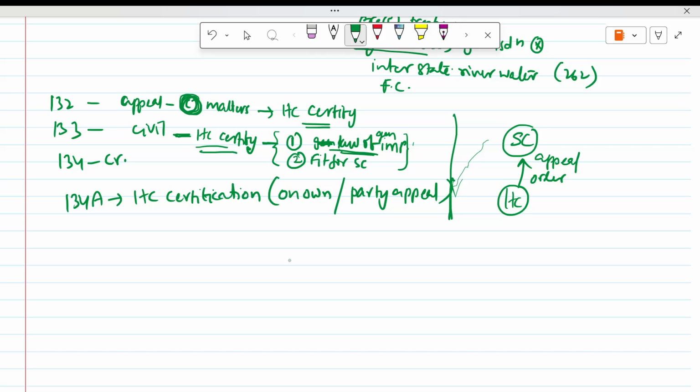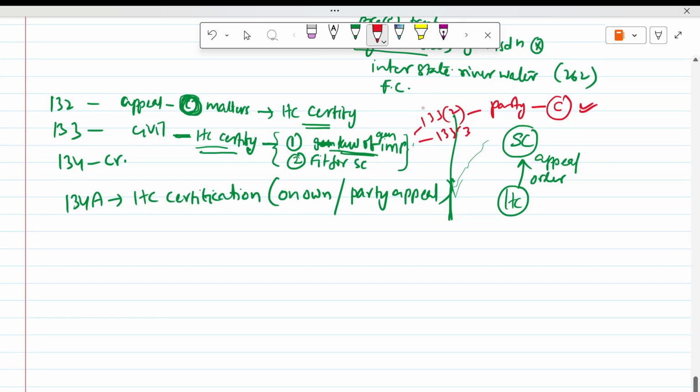This is 133 1. So there is 133 2. 133 2 says a party can appeal saying that there is constitutional matters involvement. In this case, that party can also appeal under a civil case. This is a party having some right. And there is 133 3.